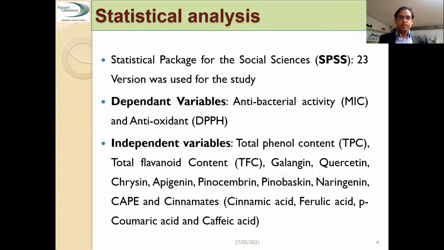We performed an SPSS analysis by using the 23rd version, and we decided to take antimicrobial activity and antioxidant activity as dependent variables. The independent variables were the chemicals which are generally found in the propolis, commonly distributed across all climatic zones.